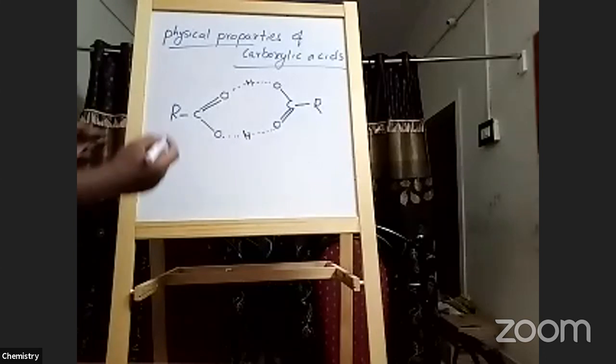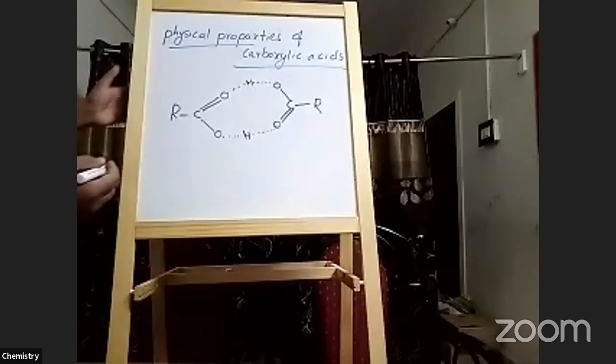So this is the structure. This is called a dimer.